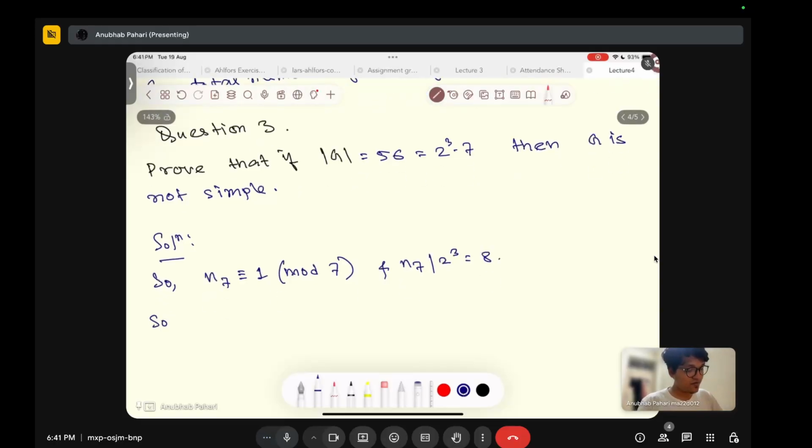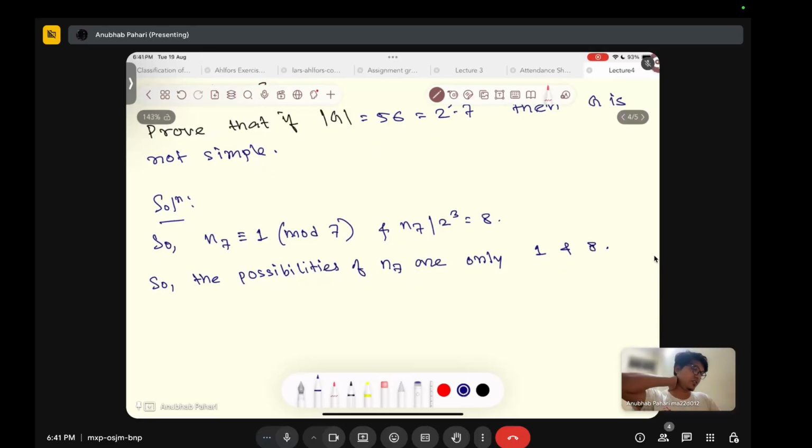So the possibilities of n7 are only 1 and 8, right? I mean, this is trivial to see, right? Now, there are two cases.